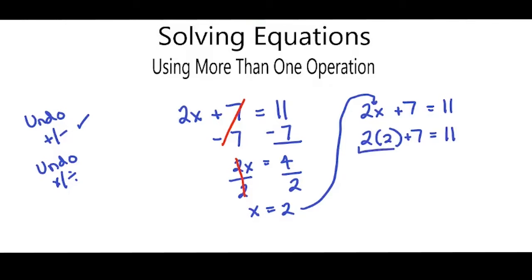Now I multiply 2 times 2 because multiplication comes before addition in the order of operations. So I have 4 plus 7 equals 11. Well, 4 plus 7 equals 11. 11 equals 11. That's true. Check. Now I see that my answer is confirmed as x equals 2.